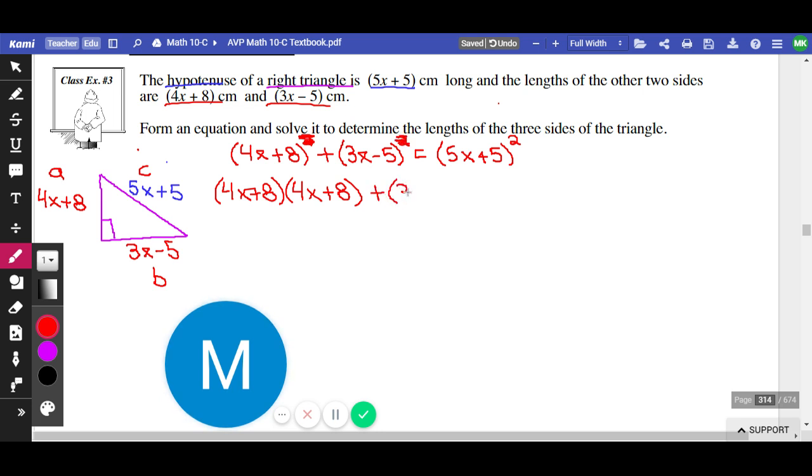So it's 3x minus 5 and another 3x minus 5. Equals, again, do that trick. So it's 5x plus 5 twice. We're creating a monster here.